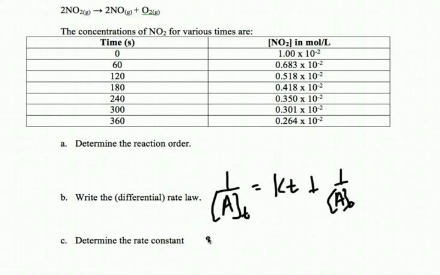So we're going to plug in the data for any time really, because k is a constant, it should not matter. I'm going to use just this first 60 second mark. So if I plug in 1 over the concentration at 60 seconds, I'm going to put that in decimal form, and that is equal to k, which I don't know, times 60 seconds.